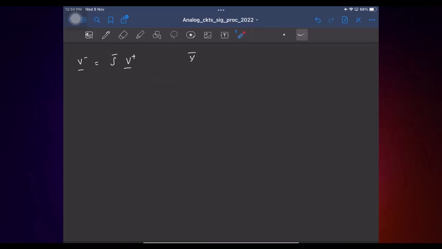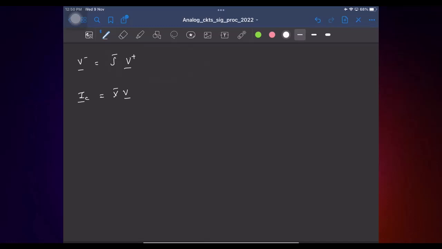Should be, right? Because it's the same two-port network. Let me show how you do that quickly. Y parameters says what is the current in terms of the voltage. I'll just say it's I_c so that you don't confuse it with the identity matrix.